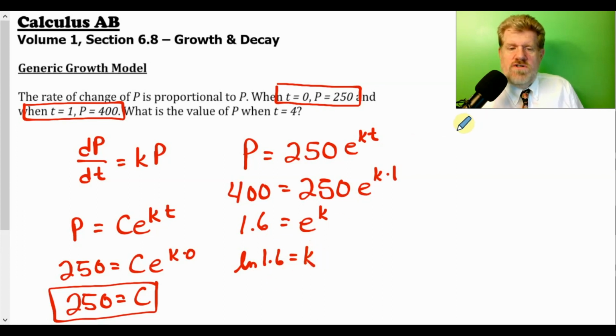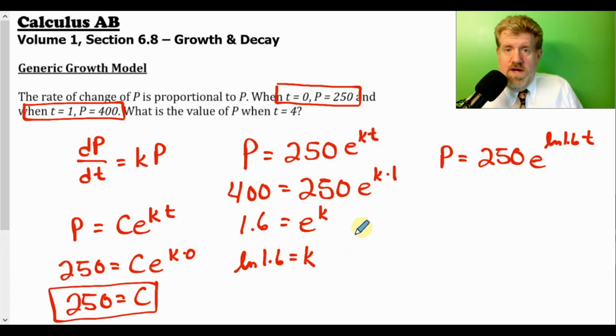So our equation really is p equals 250e to the natural log of 1.6 t. There's our equation. The equation is nice, but we were asked to solve something.